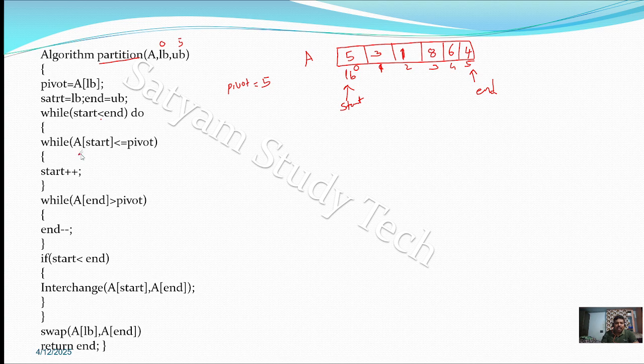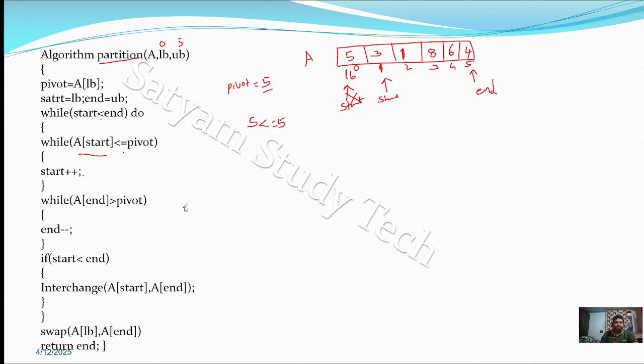Then while A of start is less than or equal to pivot: A of start is 5, and the pivot element is 5. 5 is less than or equal to 5, so the condition is true. Then start plus plus, start is incremented by 1.